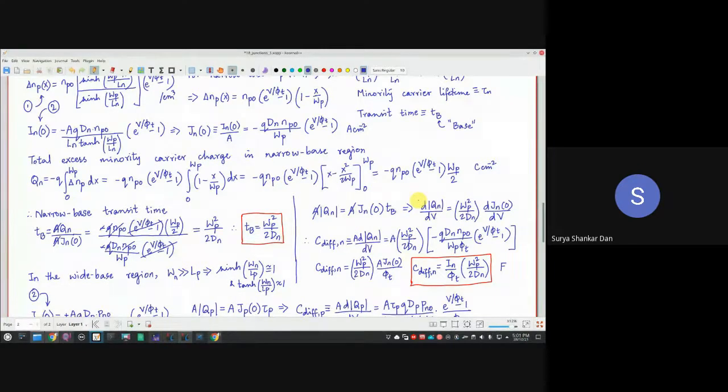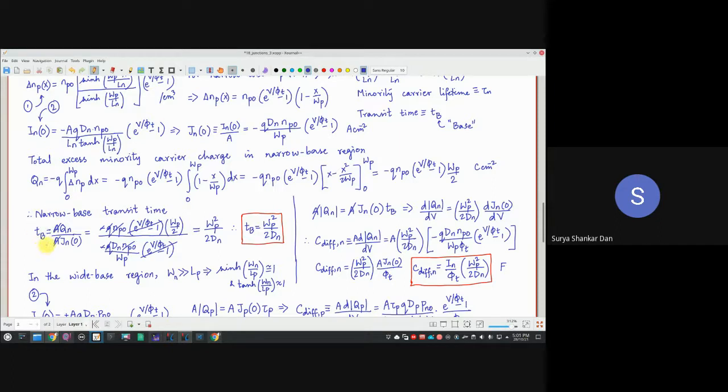Now, once we try to find the narrow base transit time, what I said was how much time the electrons will take to traverse the base region. Why is that so important? Because this TB is a very, very important term in the BiCMOS technology. If I'm teaching you VLSI design next semester, I do not know, if I get it, advanced VLSI design.